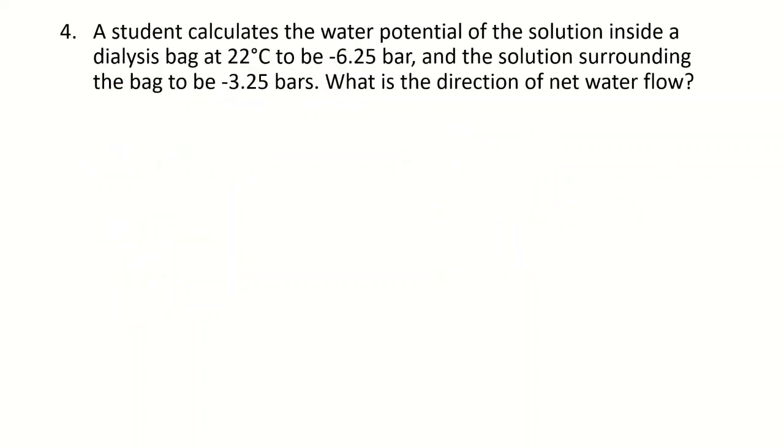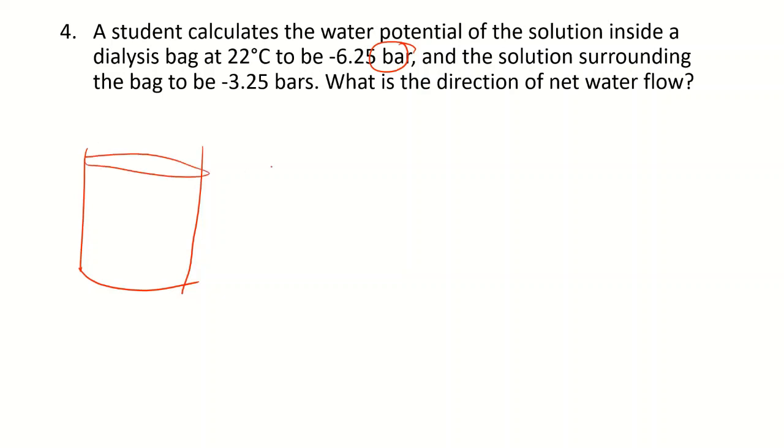Number 4, a student calculates the water potential of the solution inside a dialysis bag at 22 degrees Celsius to be negative 6.25 bars. Bars is another unit of measuring pressure, and the solution surrounding the bag to be negative 3.25 bars. So, what is the direction of net water flow? So we have a beaker or a cup or whatever.